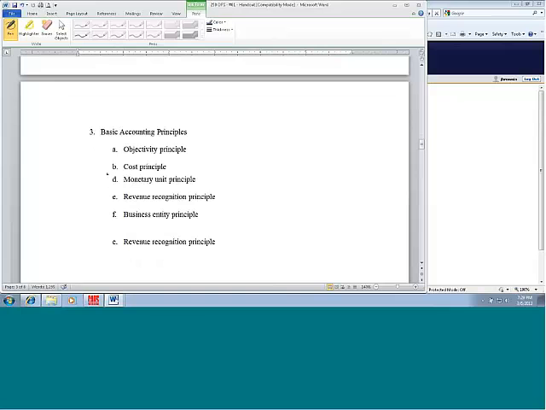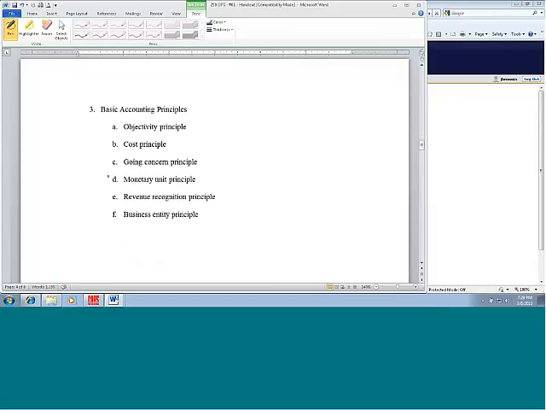Then we have some basic accounting principles, and currently our accounting principles are set by the Financial Accounting Standards Board, FASB, and they're called Generally Accepted Accounting Principles, GAAP. So we have GAAP.